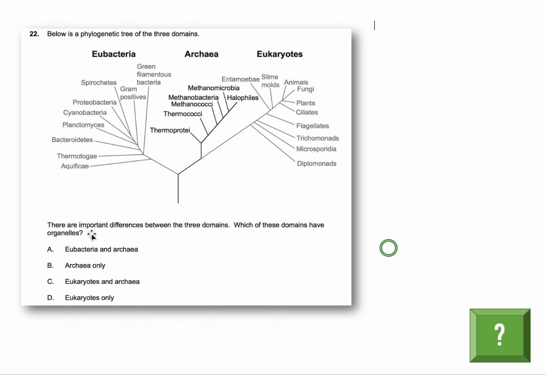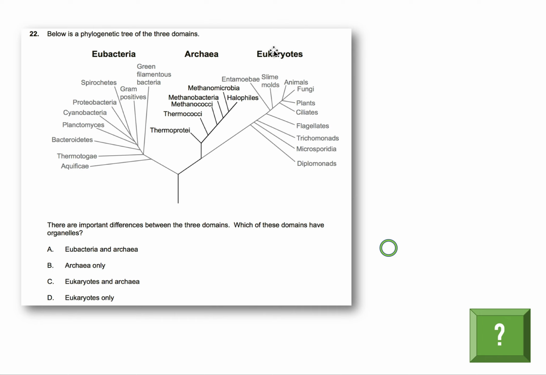Now they're asking you here, there are important differences between these 3 domains. There are many, and I made it in my teaching video, so if you don't know anything about this, go check those out first. Now, which of these domains have organelles? So one of the key things we have to know is that eubacteria and archaea, these 2 domains, are prokaryotic cells, whereas the eukaryote domain is made up of eukaryotic cells.